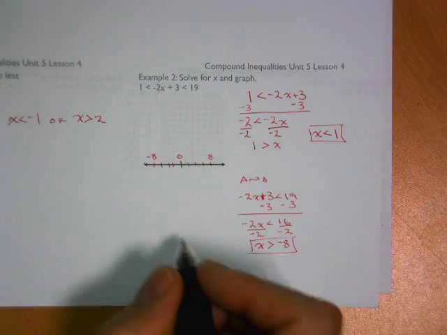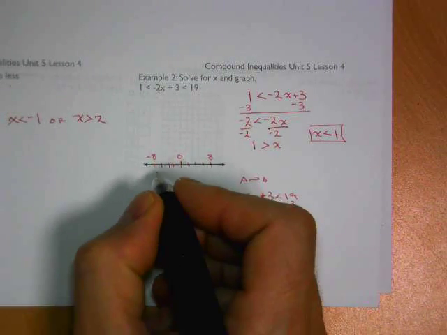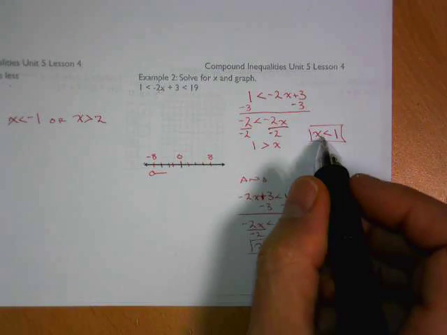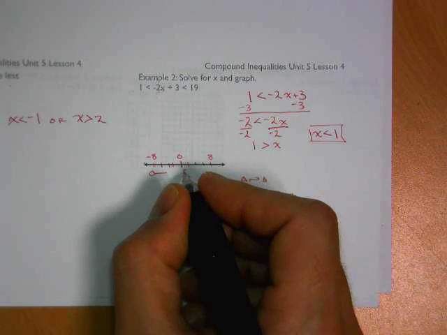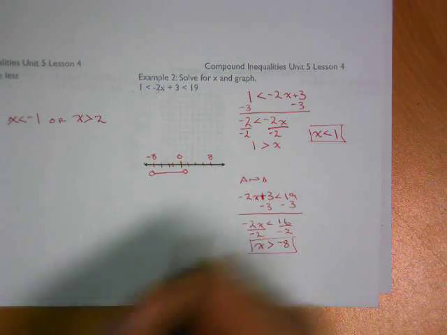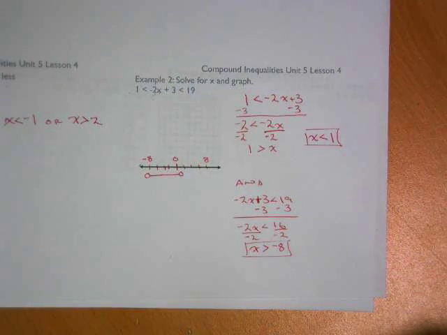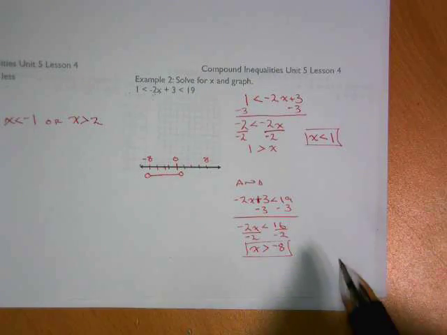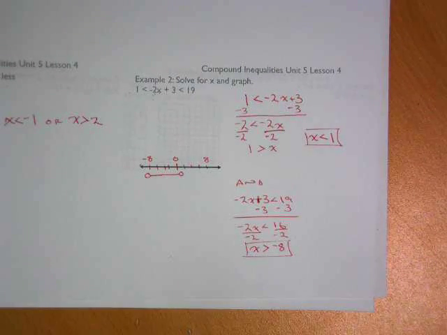I want x is greater than -8, so it goes this way. But then I want x is less than 1, 1 being here between 0 and 2. And it's less than this, and they meet in the middle. All right, well, there it is. We have solved this compound inequality, and we have also graphed it.